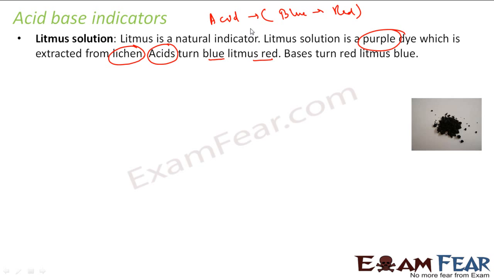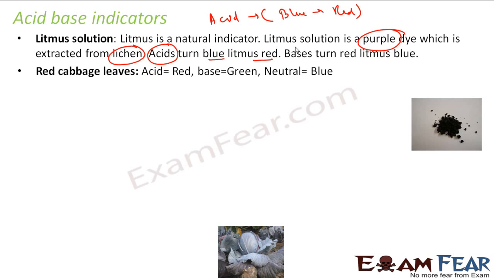Correct? So acid will turn blue to red, and base will turn red to blue. This is a natural indicator.